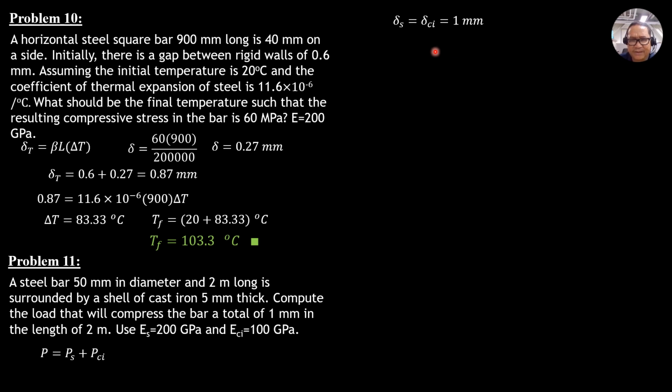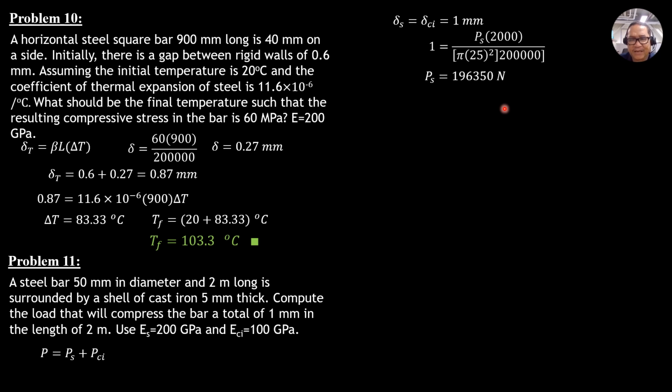So we equate 1 mm to force in steel, length of steel which is common to 1000 mm, divided by area of steel which is pi 25 mm quantity squared and modulus of elasticity 200,000 megapascals. So 1 equals P of steel 2000 over pi 25 squared 200,000, so that P sub S will be in newtons. So P sub S is equal to 196,350 newtons.